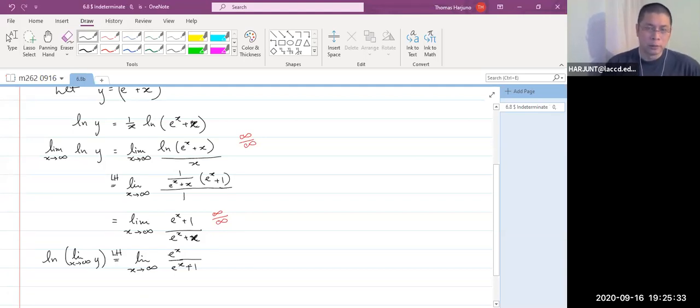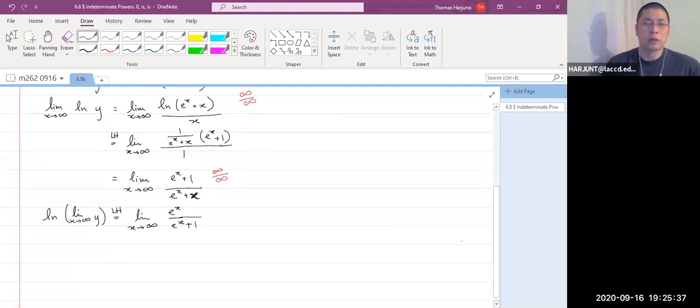This is infinity over infinity, right? You can do L'Hopital rule again, even though that's not the only way. Now, the thing is, once you are here, do not say this equals 1.